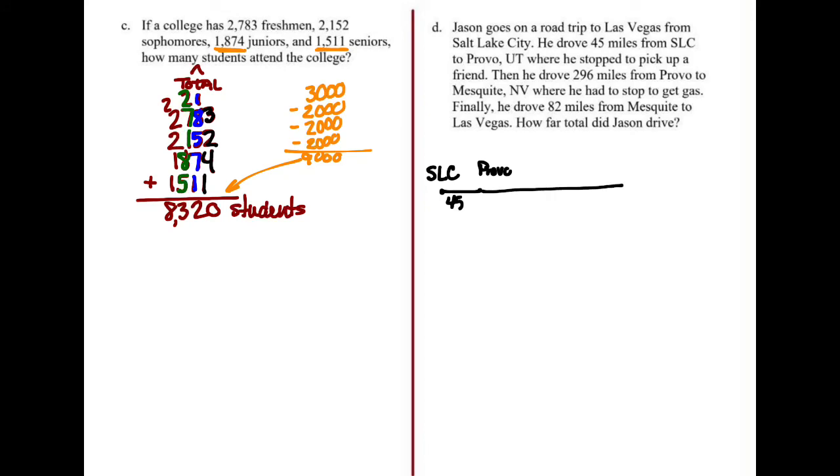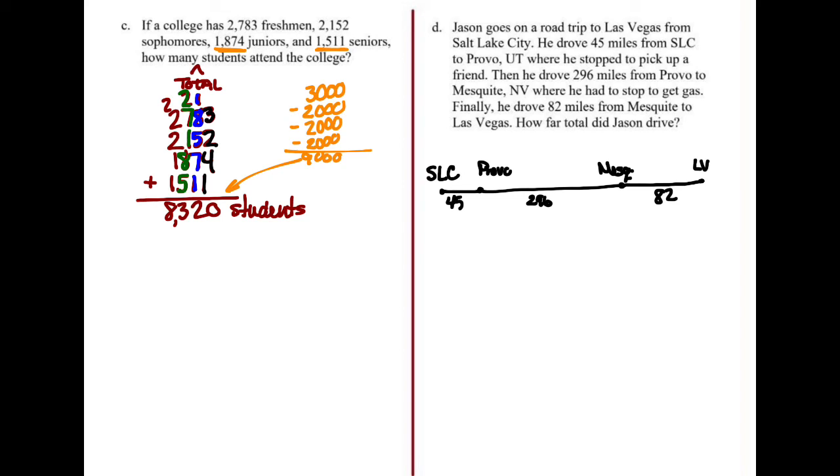So 296 to Mesquite. And then from Mesquite to Las Vegas was shorter again. Okay, so this is Las Vegas here. 82. Okay, probably not drawn to scale, but you get the idea.